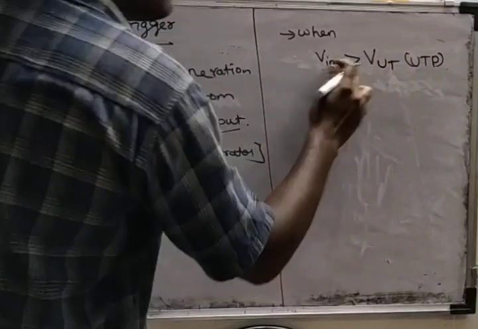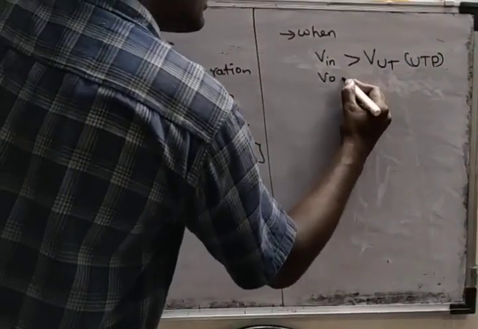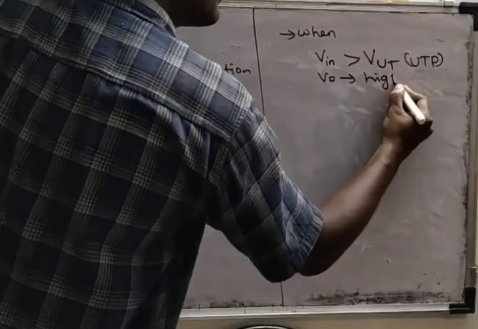So when Vin is greater than VUT, this point is called the upper triggering point, UTP, and the output is high.